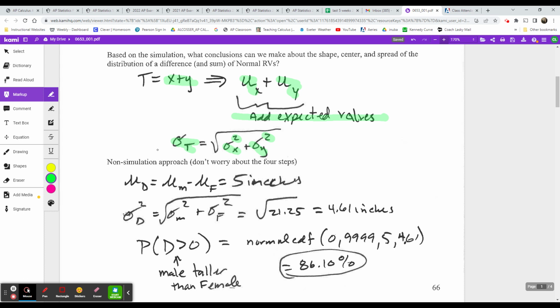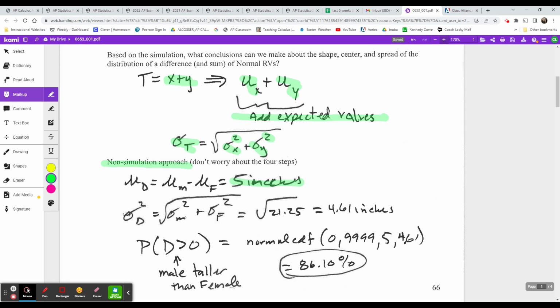So we can come up with a non-simulation approach: the expected value of the male's height minus the expected value of the female's height, and I get 5 inches.